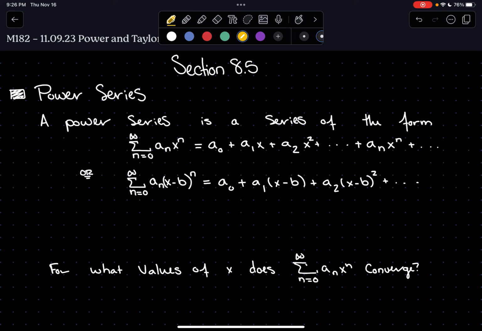The thing that's different about these series is that we have these x's in here. So now our series are actually functions of x, right? So they have an x inside, and this becomes important later on.